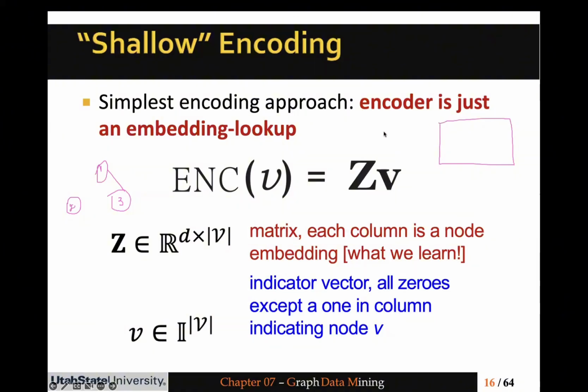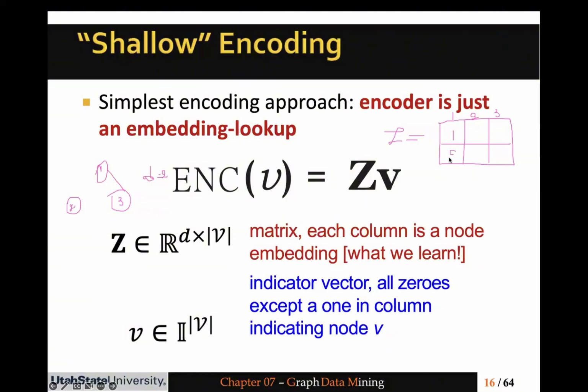So my Z here should have 3 columns, one for each node: 1, 2, and 3. And D is the dimension I use in my d-dimensional embedding space. Let's say D is equal to 2, which is my embedding space over here. Ideally, I would like node 1 and node 3 to have similar network embeddings.